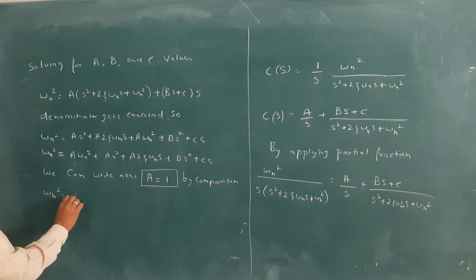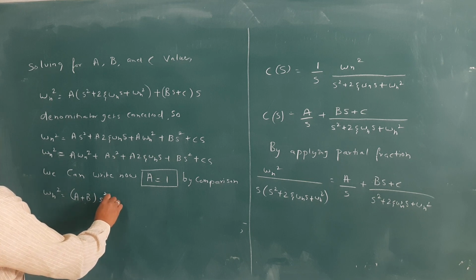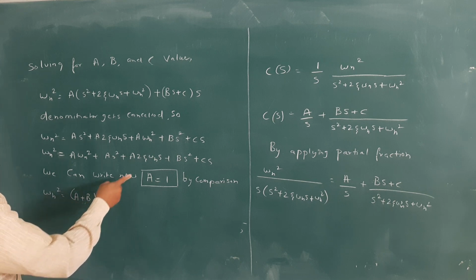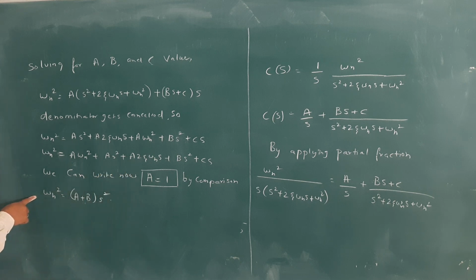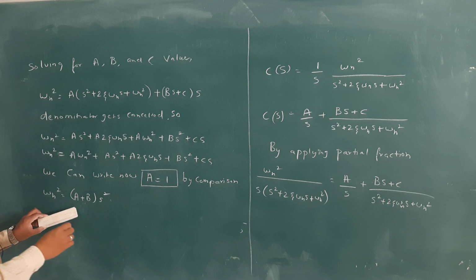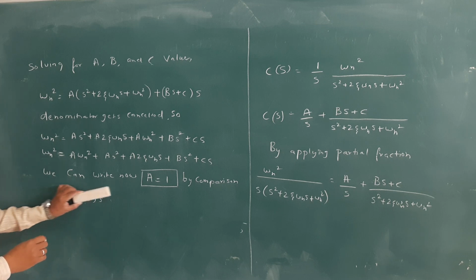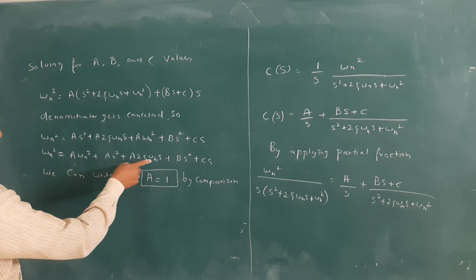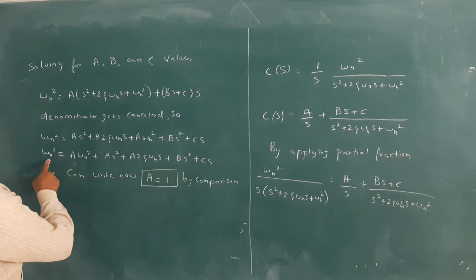If a is equal to 1, you have omega n square on the left, and there is no s square term there, so we can write a plus b equal to 0.